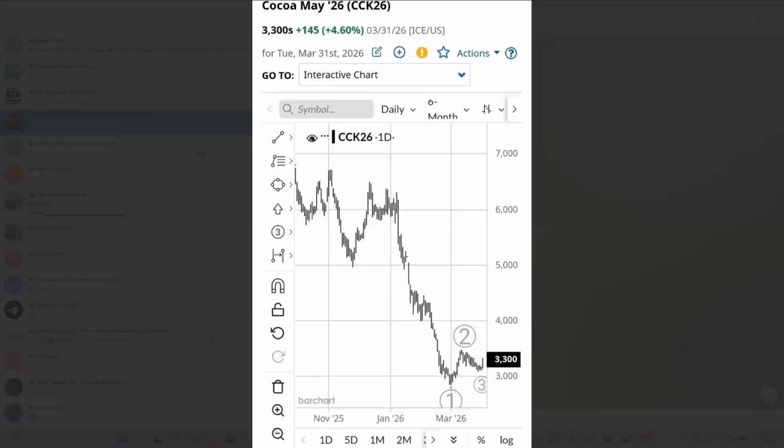The reason why I said it's true is because if it's making a bottom, then that last bottom point is going to reverse and go up.